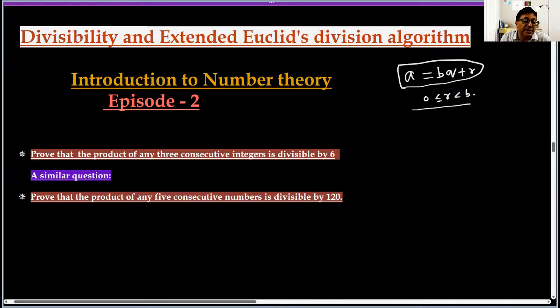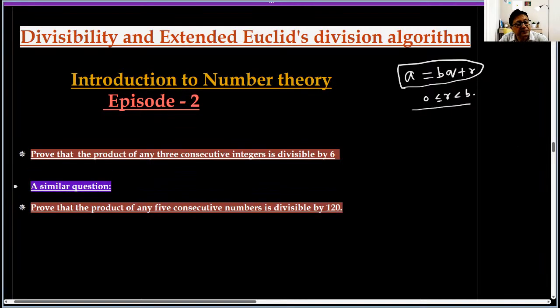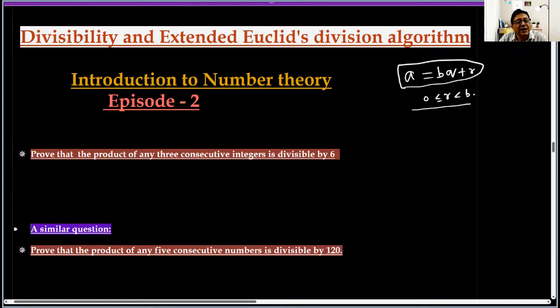A similar question is: prove that the product of any 5 consecutive numbers is divisible by 120. How to proceed? The best way is to apply Euclid's division lemma and consider divisibility by 2 or 3 or 4, which you can probably decide faster than me.